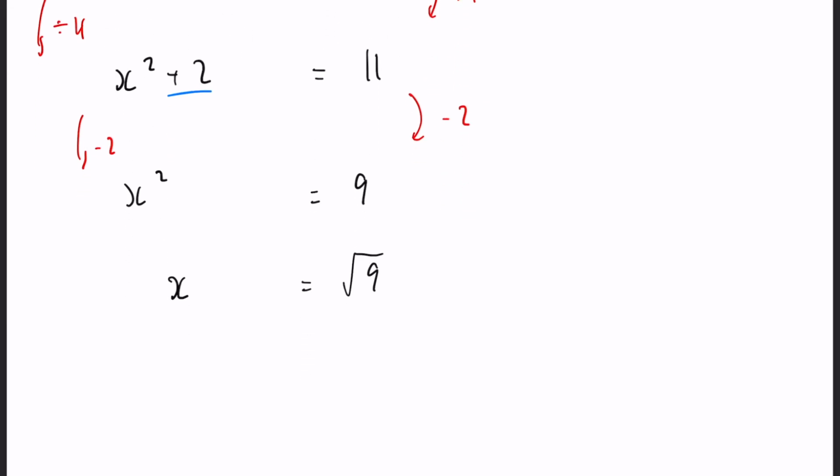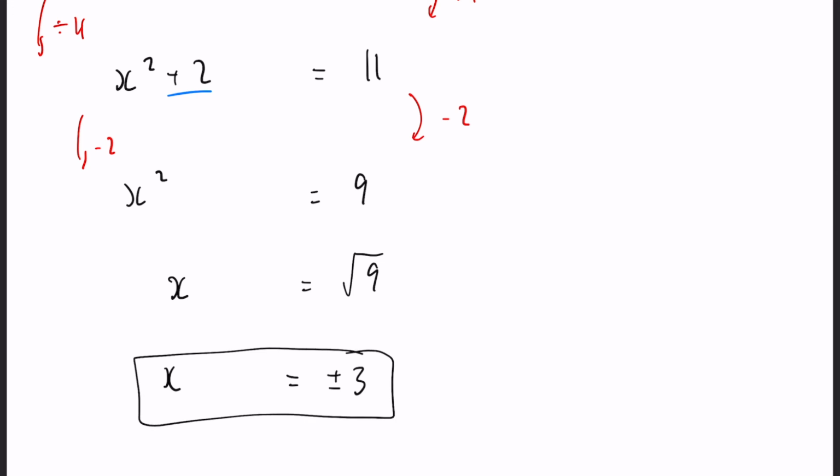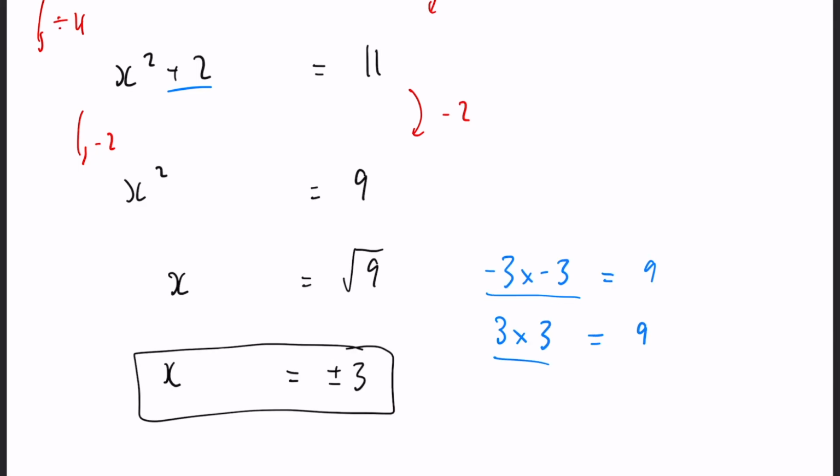Now a little trick here, this is definitely more for the higher candidates, but when you take the square root of a number, always remember that number could be positive or negative. So our answer is going to be x equals plus or minus 3, because minus 3 times minus 3 will equal 9, as well as 3 multiplied by 3 equaling 9. So always be careful to watch out for that plus or minus when it comes to answering these.